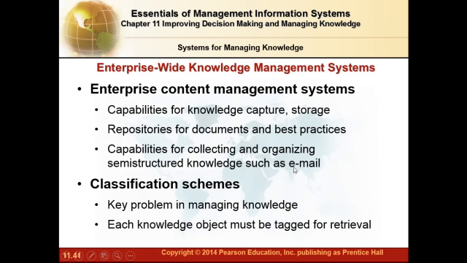By creating an enterprise content management system, employees old and new can research how a problem was solved before and capture best practice that can be adapted to the current situation.